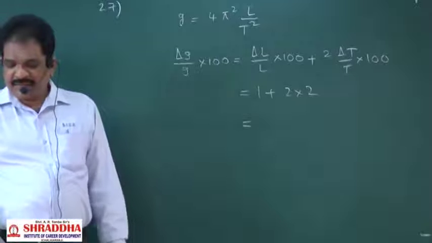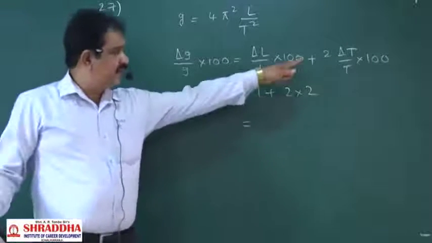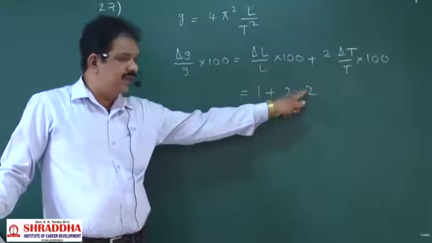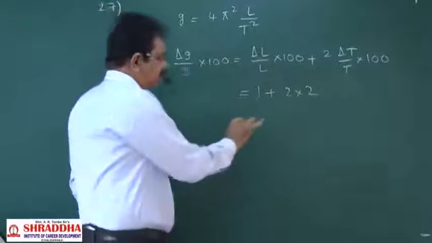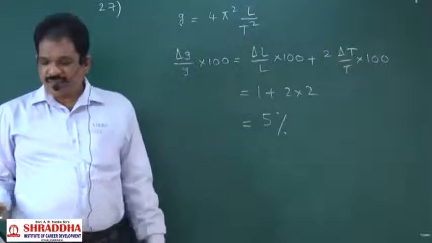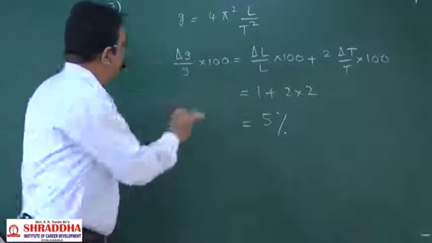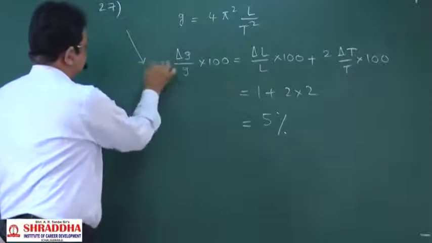Clear? Totally how much is this? 5%. Clear? So 27, it will be C.